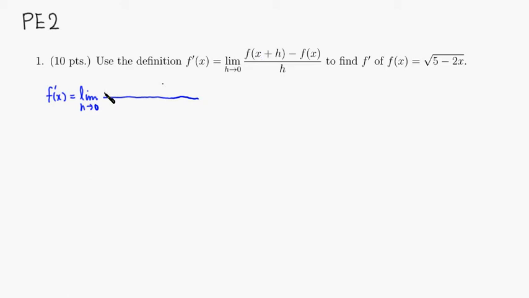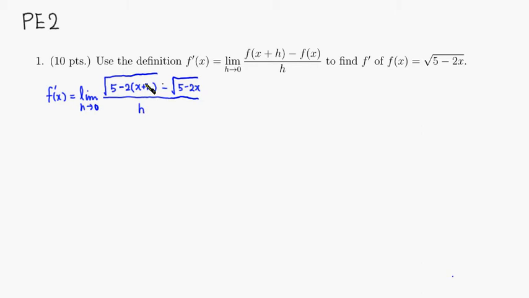So we have the square root of 5 minus 2 times x plus h, minus f of x, which is just the original function, so just copy the function: square root of 5 minus 2x, and then over h.